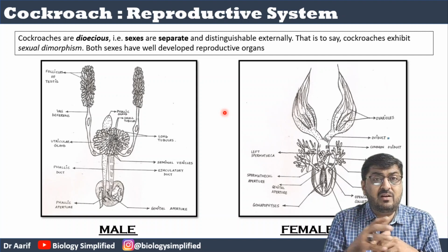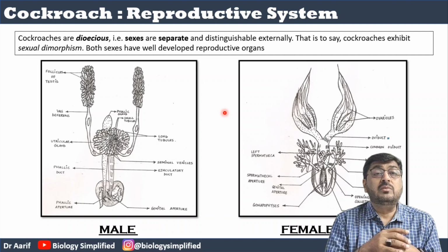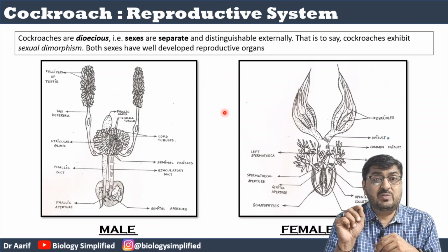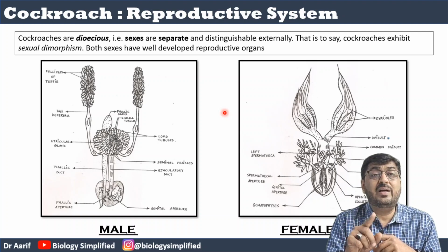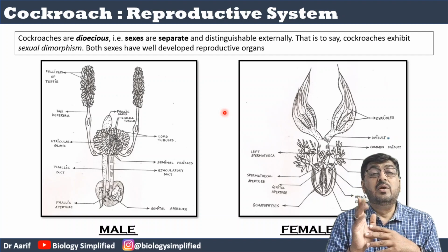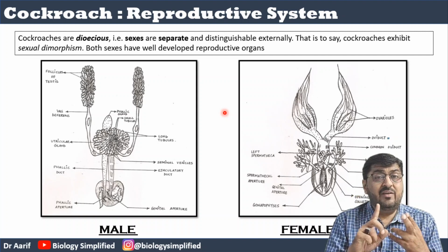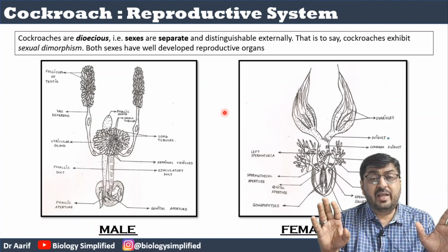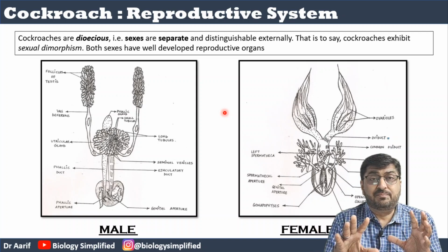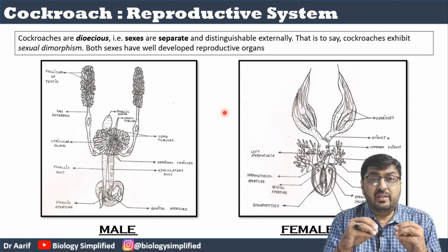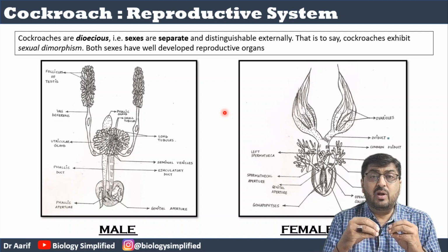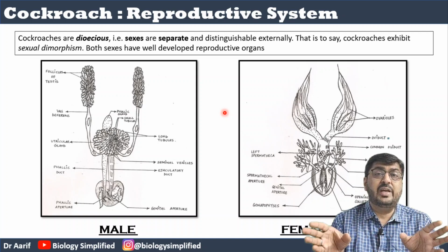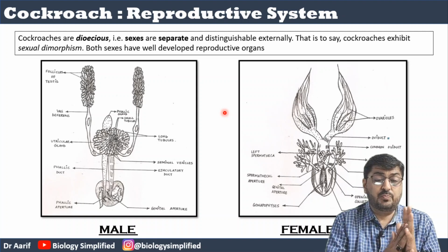When we did the structure of the abdomen we specified that the male and female can be identified by structures in the abdomen. In the head or the thorax there is no differentiating structure between the male and female, right? It is only in the abdomen or the reproductive area which can differentiate the male and female cockroach, right?